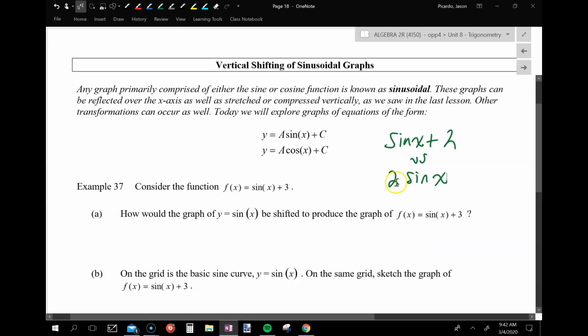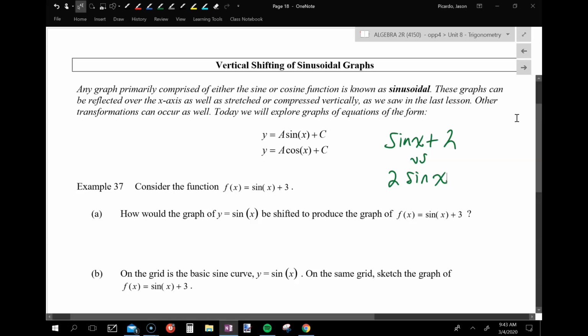Everybody agrees that this is what we did yesterday, correct? And you did a really great job of saying, what does that mean? It means I take my sine curve, find the y values, and multiply them by 2. Well, what do you think you need to do here? You need to find the y values and not multiply by 2, but now add 2.